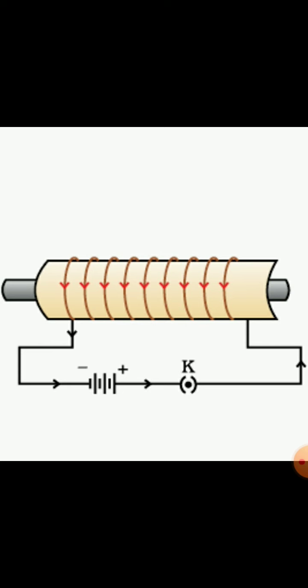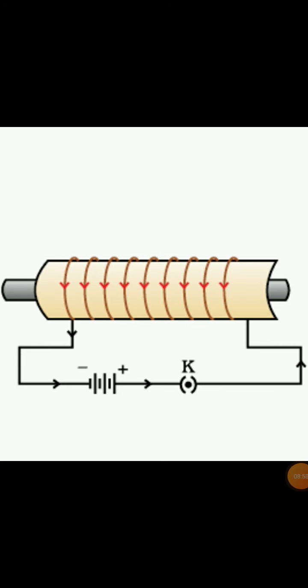When a piece of soft iron is placed inside the coil of a solenoid, it is called an electromagnet.